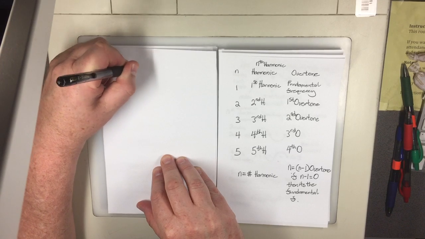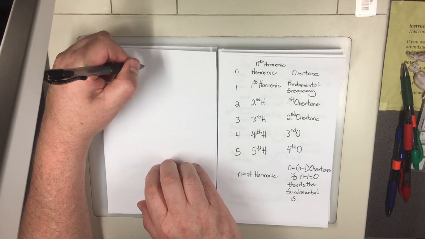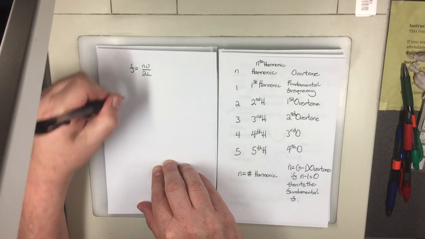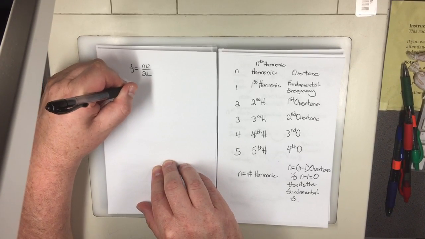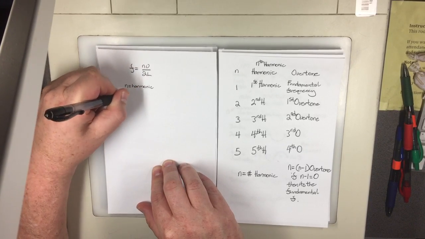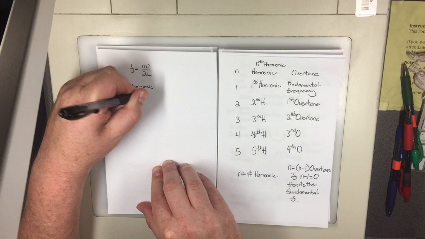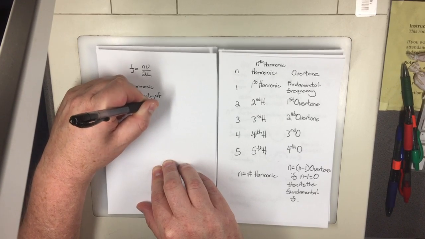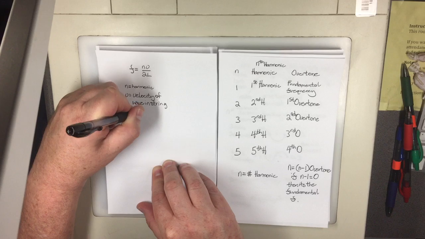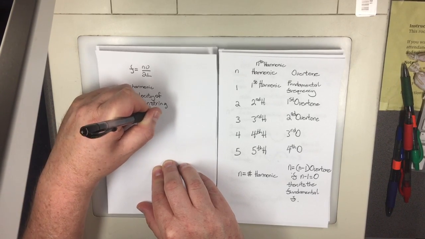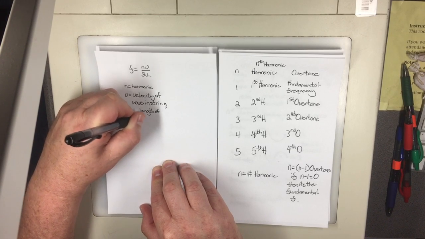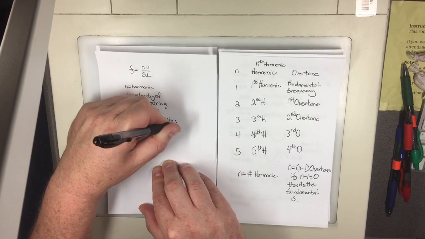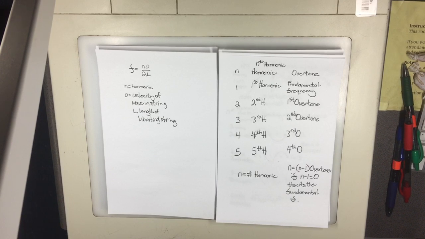The frequency that this thing resonates is NV over 2L, where N is the harmonic, V is the velocity of wave in string, and L is the length of, and I'm going to clarify this, vibrating string. So the frequency is NV over 2L.